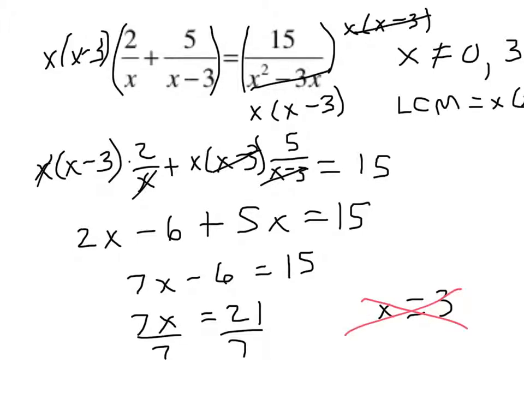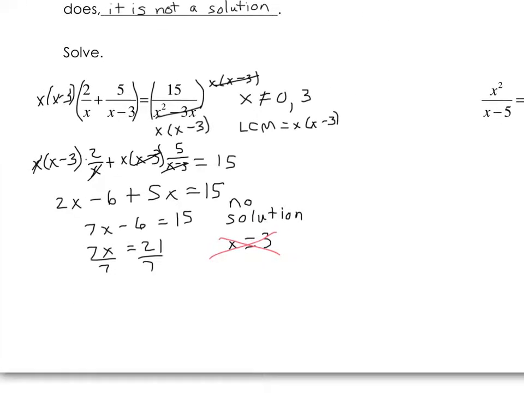It's an extra answer that has no meaning in our problem. We have to disregard it, throw it out. So there is no solution. 3 is not a solution, and it's the only solution I see, so we're without hope here. There's no solution. Some problems just can't be worked.